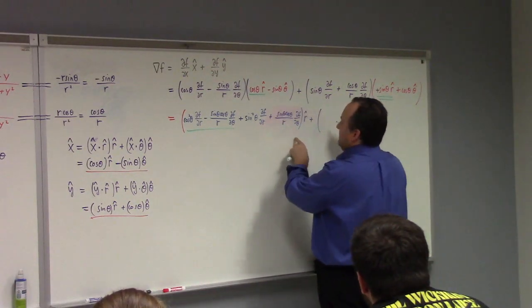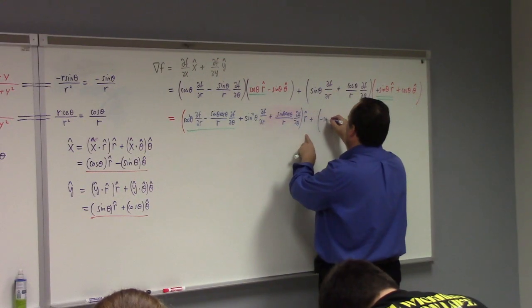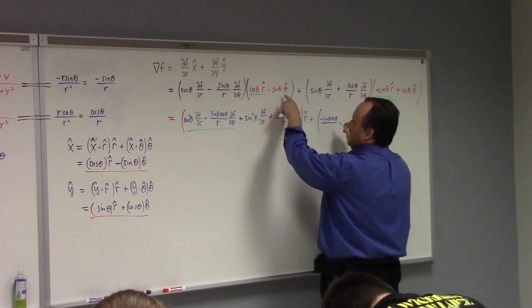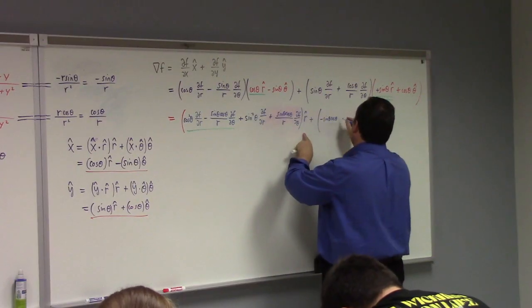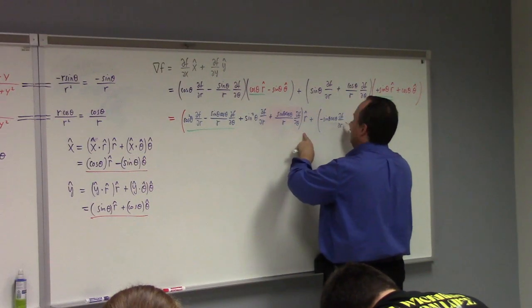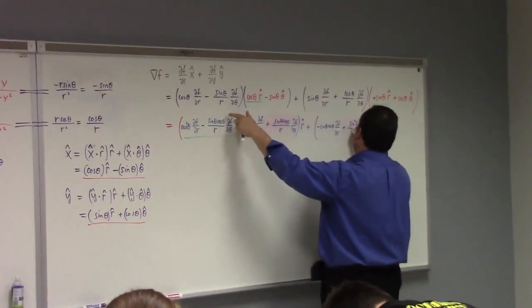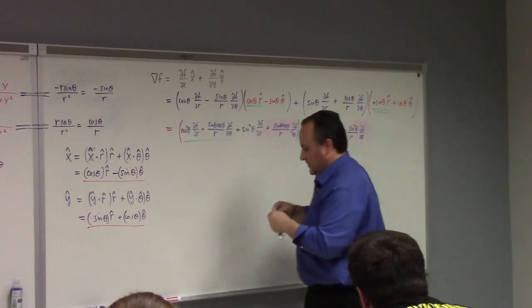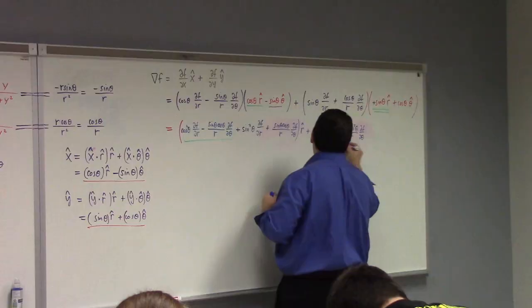Now for the theta hat term, I got myself a minus sine theta cosine theta partial f partial r, and then plus sine squared theta over r partial f partial theta. That is from this piece.